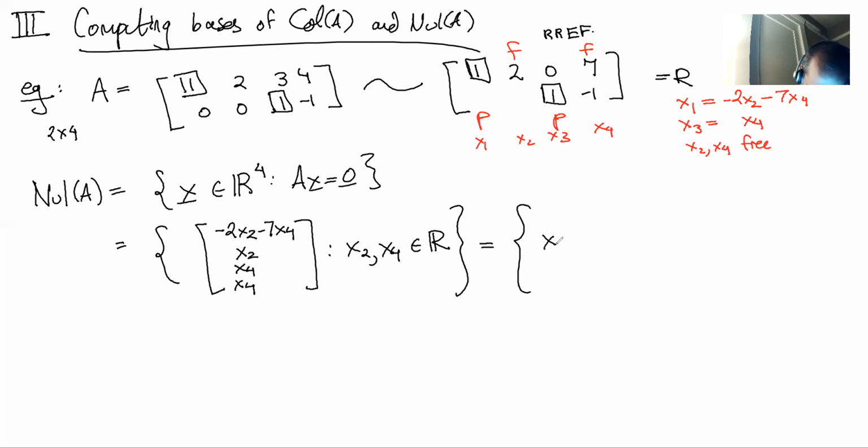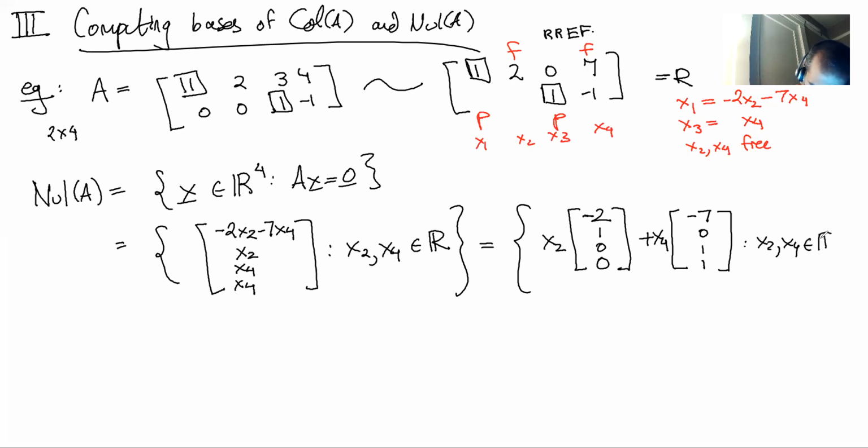This is the set of x2 times the vector, collecting the coefficients of x2: minus 2, 1, 0, 0, plus x4 times minus 7, 0, 1, 1, where x2 and x4 are real. So it's a sneaky trick. It's actually just arithmetic, but now it's obvious that it's a span, right?